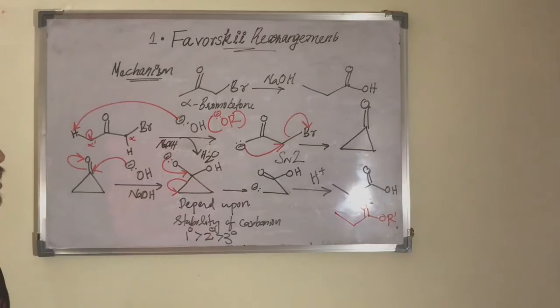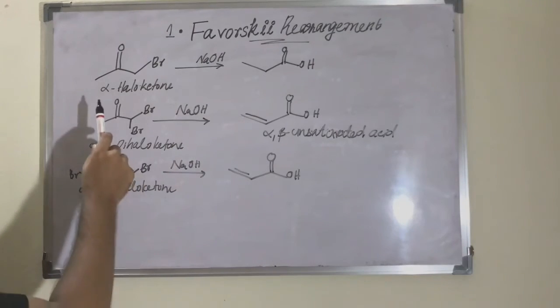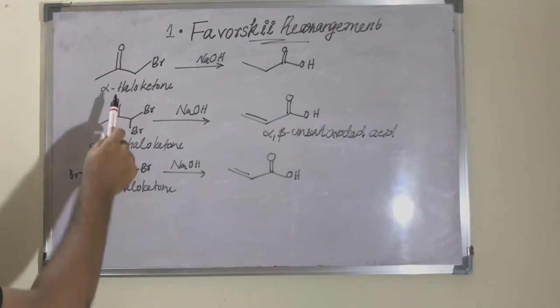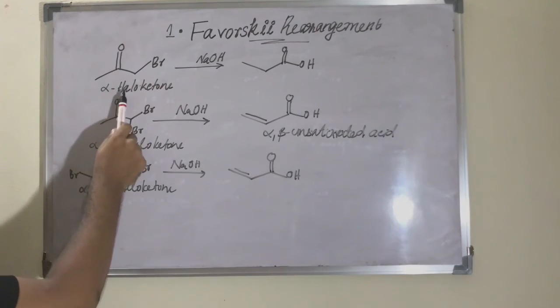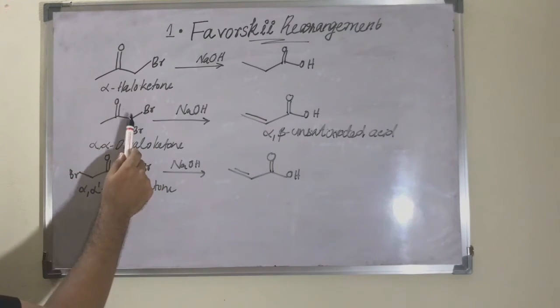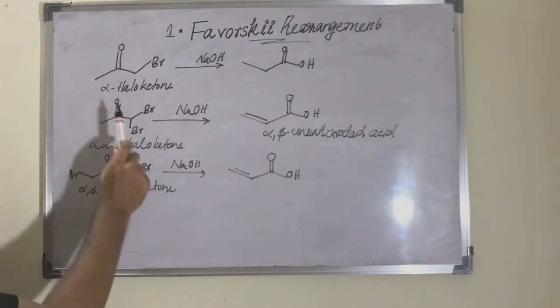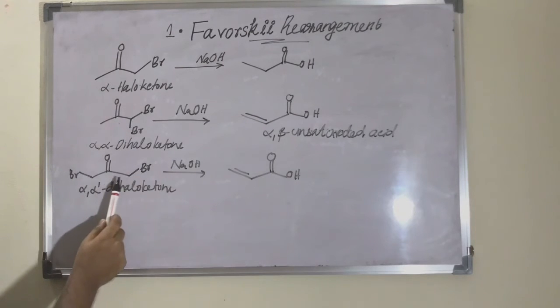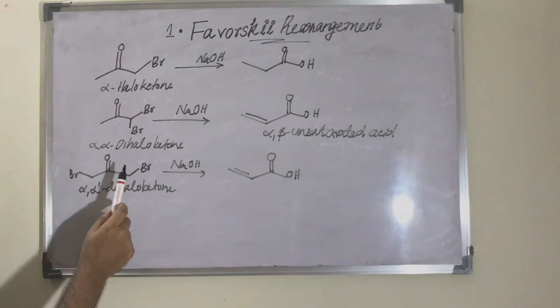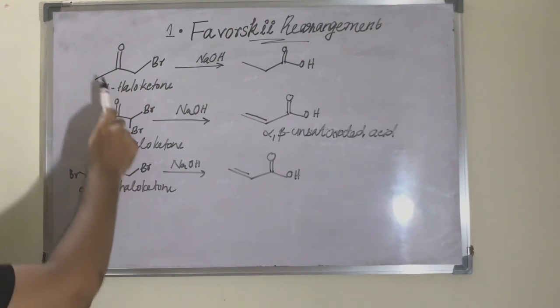Ready? Clear? In Favorskii rearrangement, we can have 3 different types of substrate. Already we have discussed alpha haloketone. Now you can see alpha dihaloketone, which will undergo Favorskii rearrangement, and alpha dash dihaloketone, which will also undergo Favorskii rearrangement.